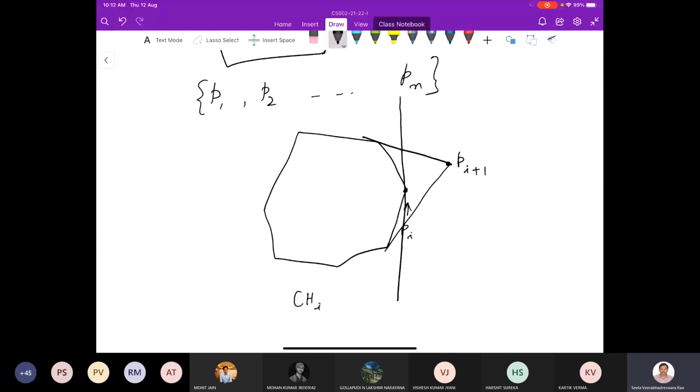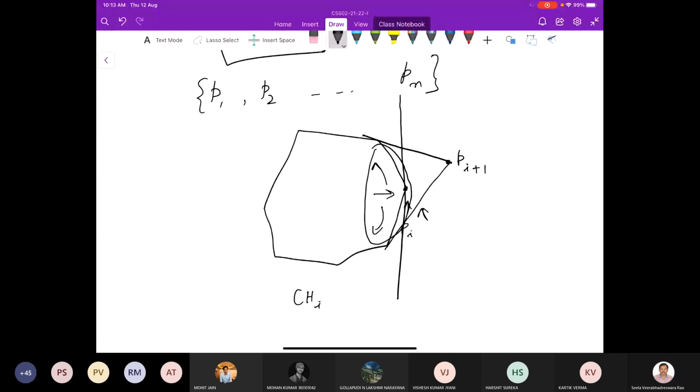If you start from here and keep moving to find this tangent, and move this side to find the other tangent, the time required to find both tangents is proportional to the length of this chain. In the worst case it can be linear, maybe the entire convex polygon, so it looks linear.